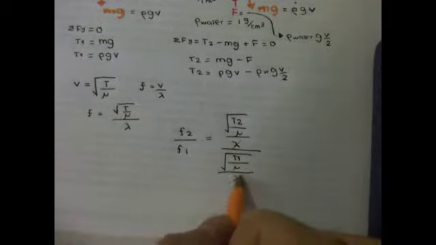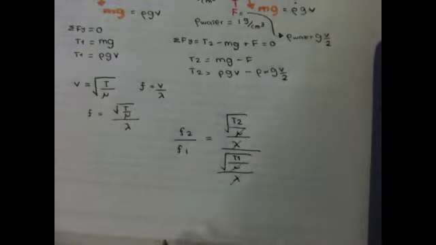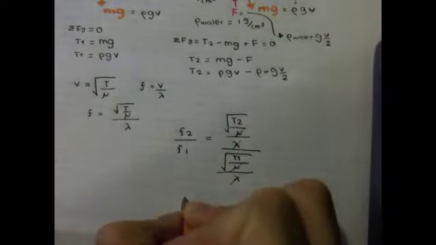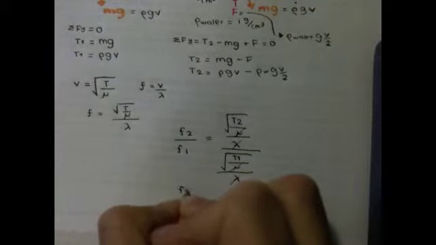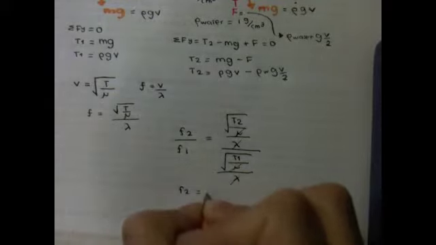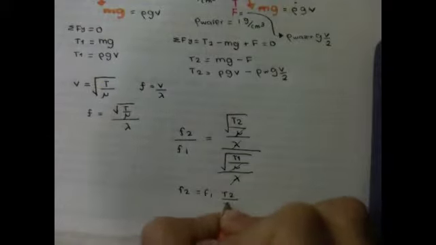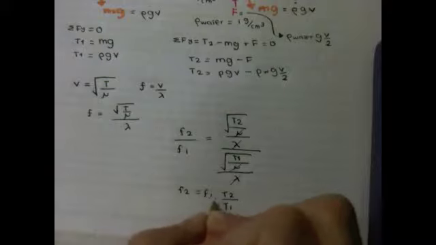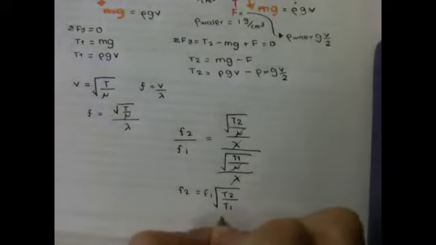So we can eliminate lambda and mu, and we isolate the frequency 2, and we get that it is the frequency 1 times the square root of tension 2 over tension 1.